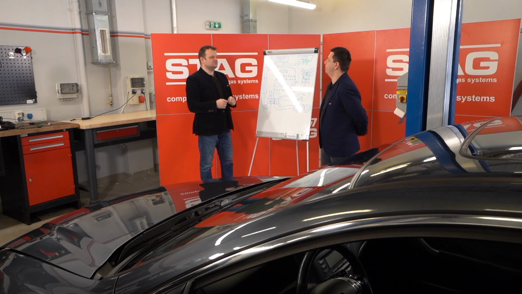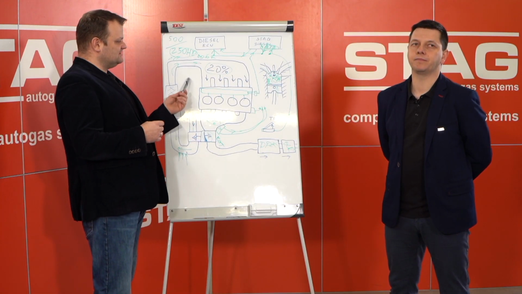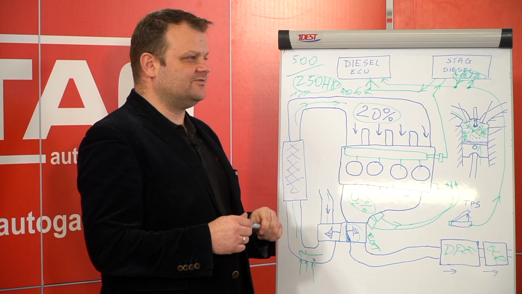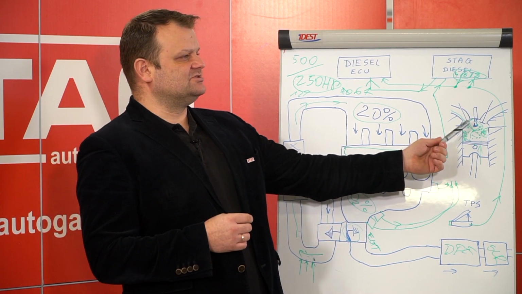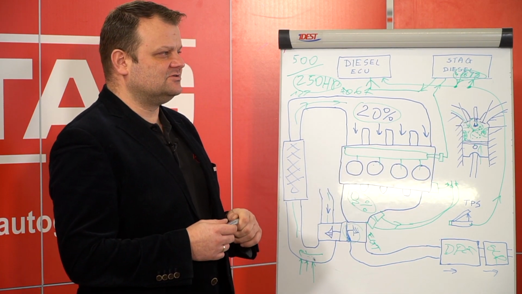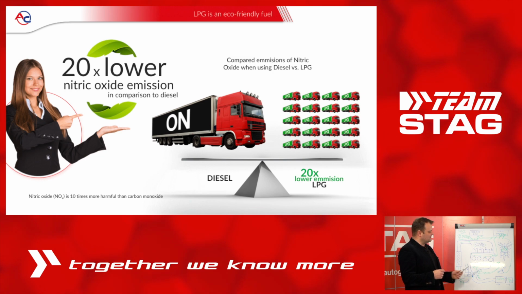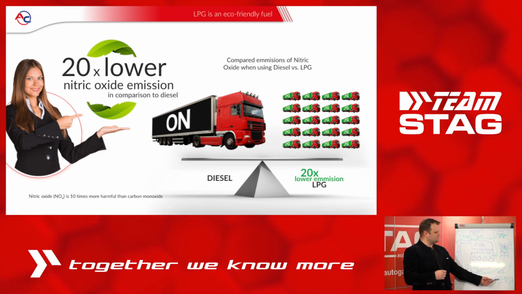Yes, and the reason is that because we are adding the gas to the engine, the efficiency of the combustion process in the cylinder is just way better, and we are not generating as much NOx emission or carbon particles, so we have a little bit better efficiency on the DPF.